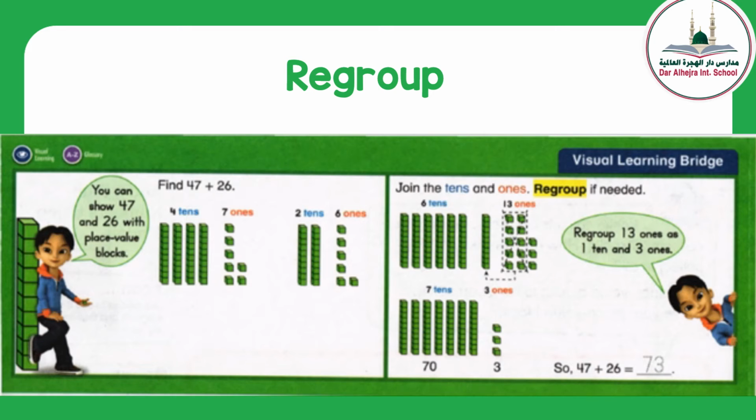This is how we use the models to show us our tens and ones, and this is how we can regroup. This is called regrouping. When we have 10 or more than 10 single ones, we don't leave them like that. We group them into a 10, and this is called regrouping.